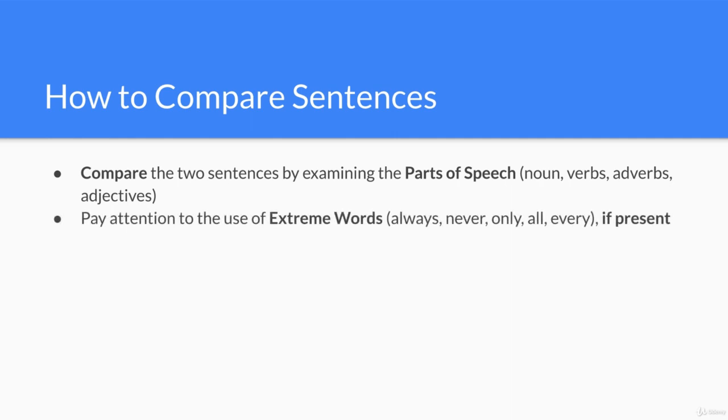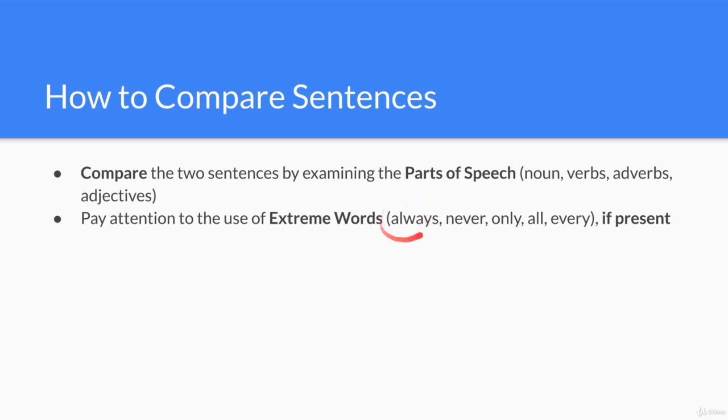Another important thing to pay attention to is the use of extreme words. By extreme words, I mean words like always, never, only, all, every. These are extreme words. If I say, I always eat a banana for breakfast, do you believe that? Of course not. I probably eat a banana very frequently, but not always.